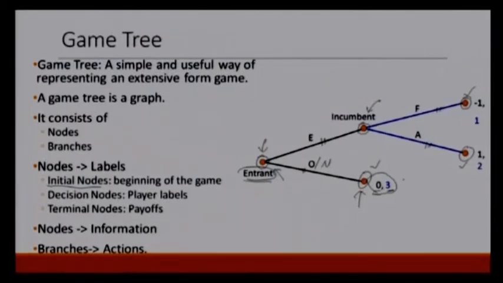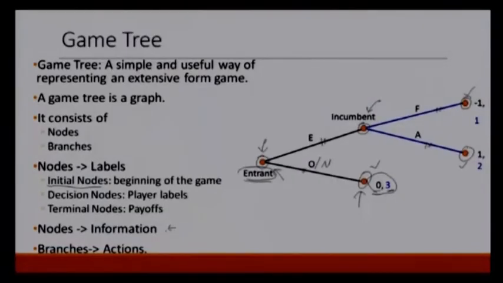We will also notice that all pieces... One piece was information. Nodes also relate to information, but that I am keeping for another module. For a simple game, we do not need to understand information. Little later we will need to understand the role of information in extensive form games.